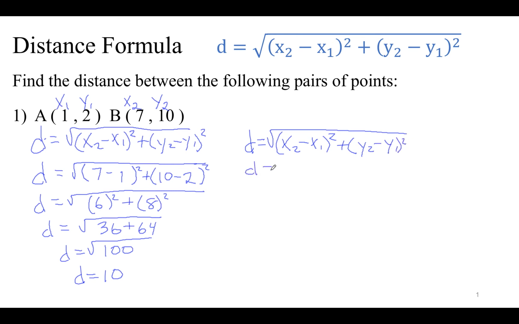So let's say up here we made these the 2's, and you made these the 1's. What that would have done was just made us do 1 minus 7 squared and 2 minus 10 squared.